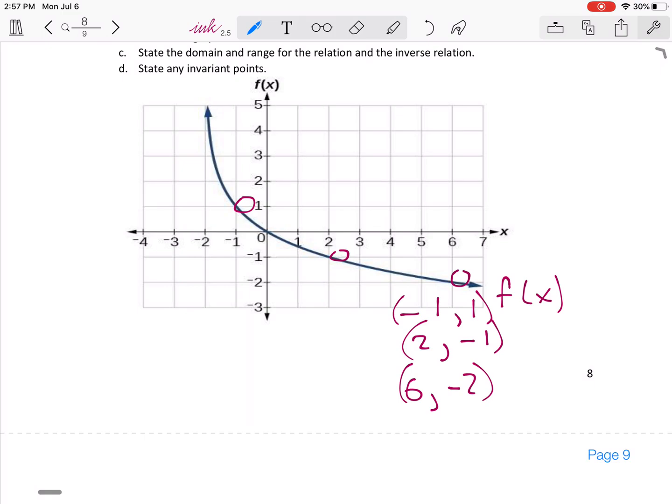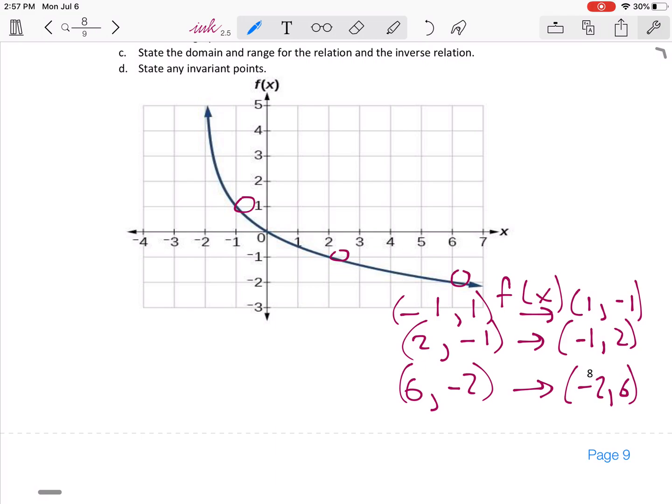So now to get the inverse, you switch these. So (6, negative 2) is going to become (negative 2, 6). Okay, so we're switching the x and y. (2, negative 1) becomes (negative 1, 2), and then (negative 1, 1) becomes (1, negative 1). Okay, and so now we can put points there.